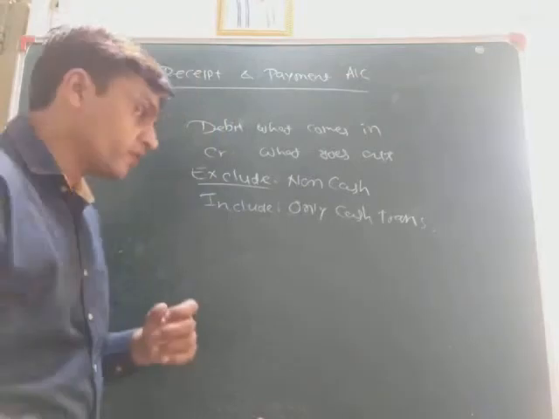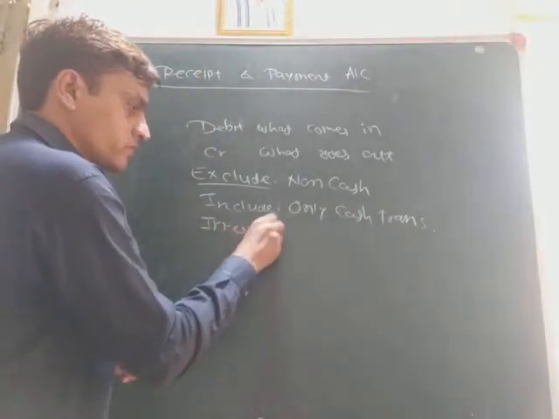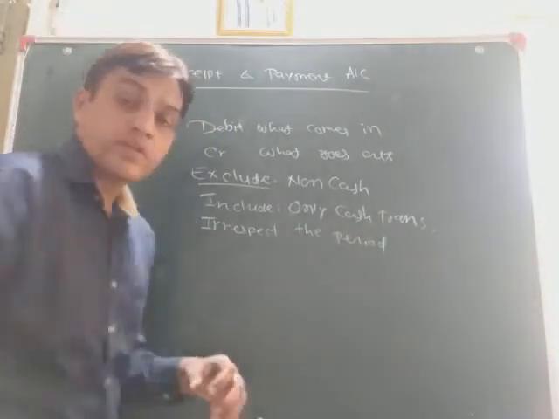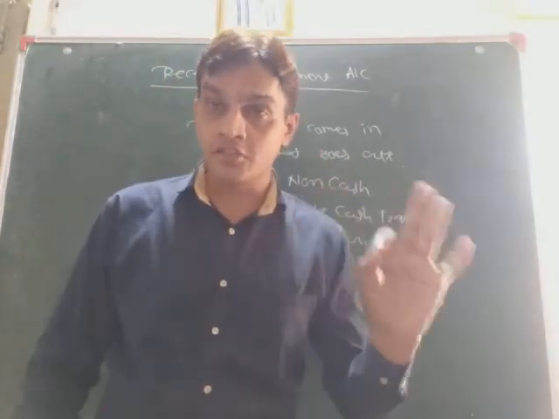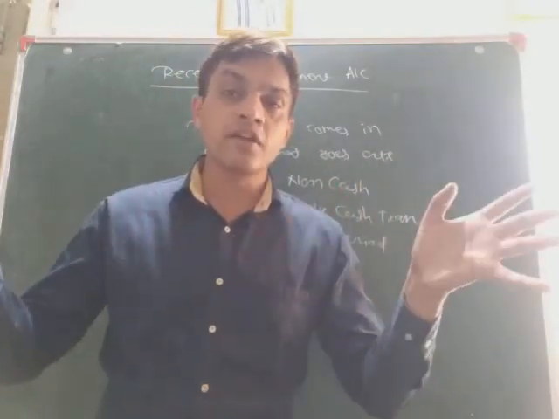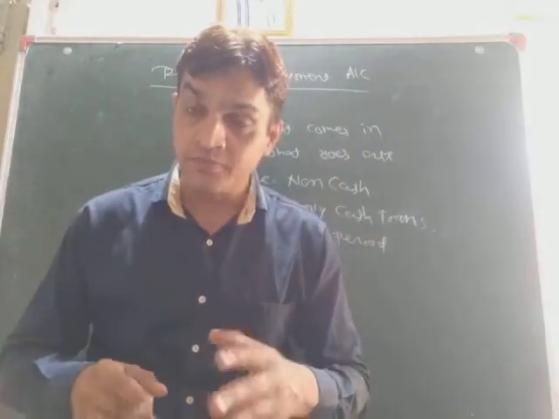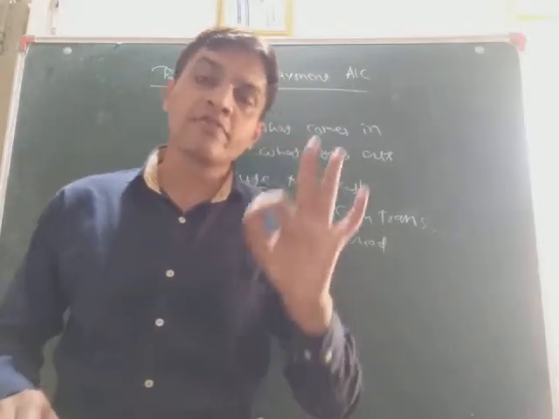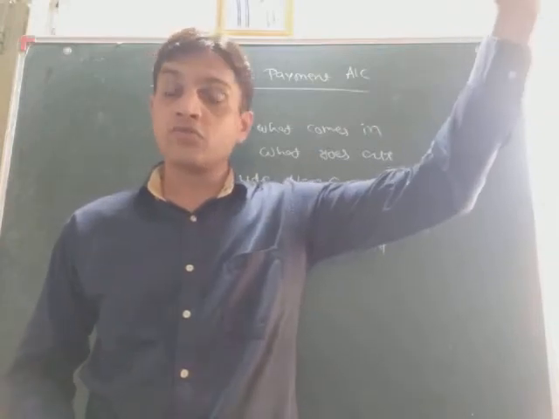Okay, one more thing: irrespective of the period. Whatever the period of the transaction, if it is a cash transaction, then we have to record it. Suppose we received income in 2020 for the year 2018.